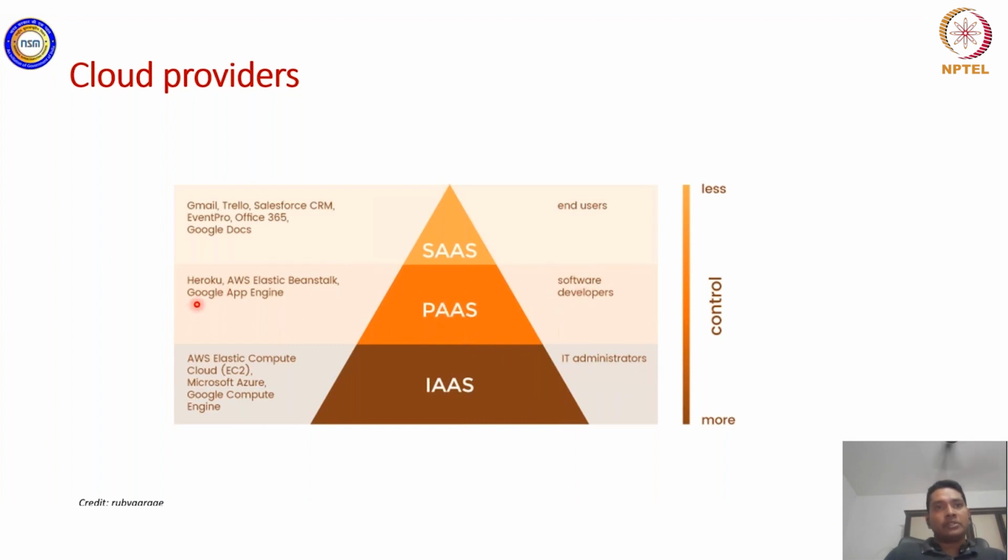Software developers access the platform as a service because you want to access the Google App Engine or AWS Elastic Beanstalk or maybe Heroku. From the applications point of view, users want to access Gmail, let's say CRM as a service, or maybe Office 365, Google Docs. So all these will be provided as applications as a service.